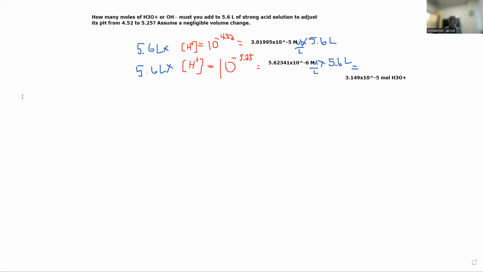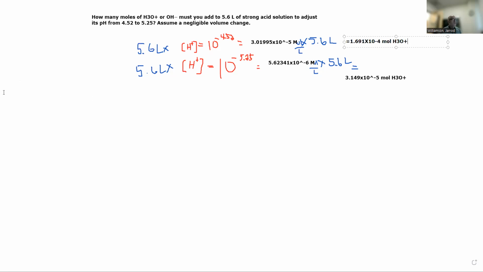And then this one will be equal to 1.691 times 10 to the negative 4 moles of H3O plus.